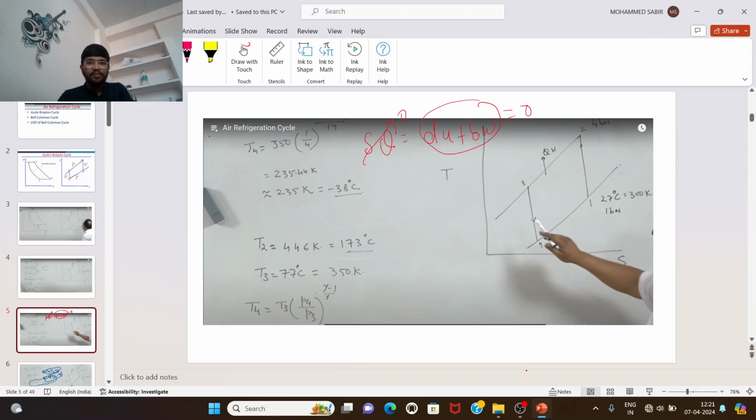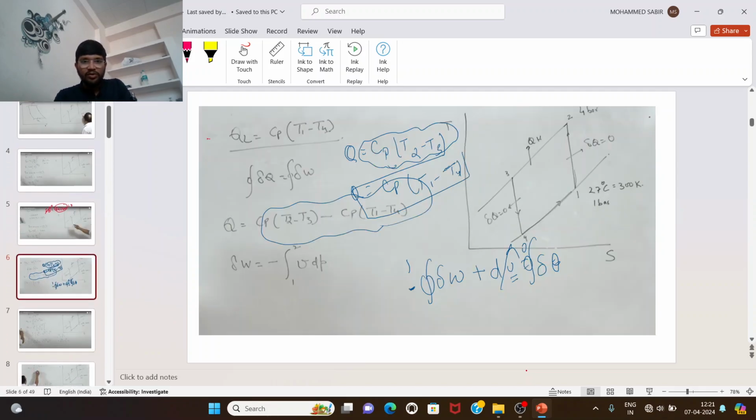Use the flow equation, and to find the compressor work done, we use minus integral of 1 to 2 VdP. Basically, that is the work for expansion flow devices.